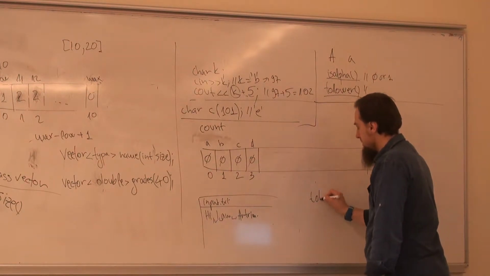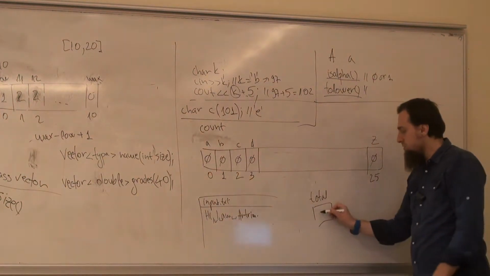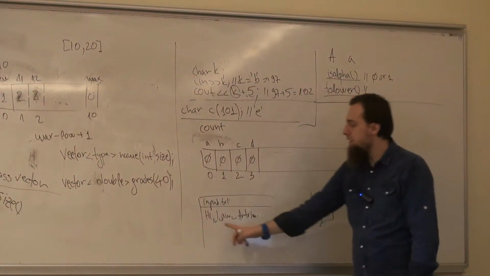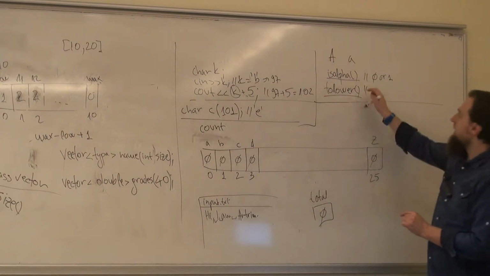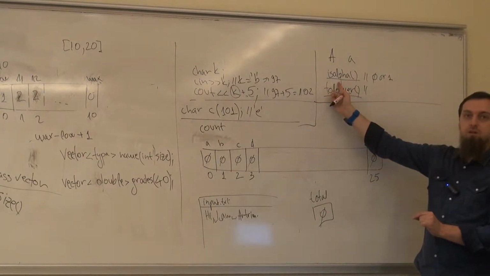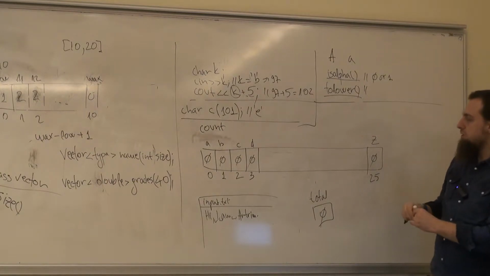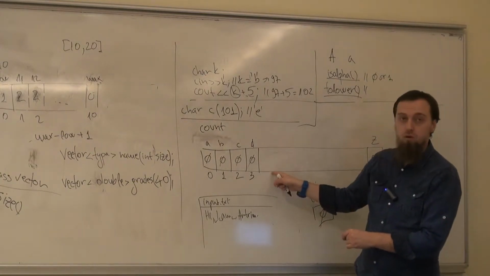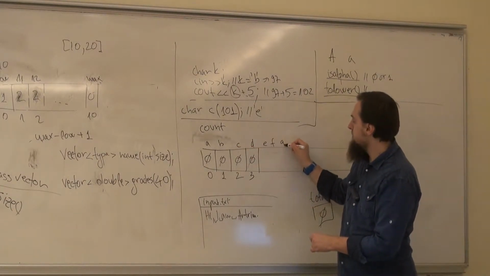Total is the total number of characters in this file. Initially total is 0, and I start getting characters one by one. H. Is H an alphabetic letter? Yes, it is. I convert it to lower, and after converting it to lower, I increment the corresponding counter for the H. So A, B, C, D, E, F, G, H.